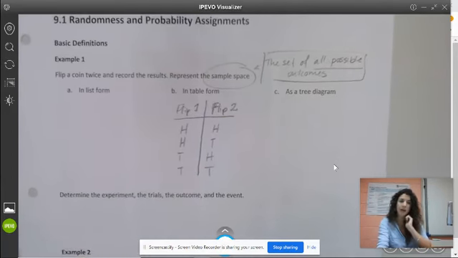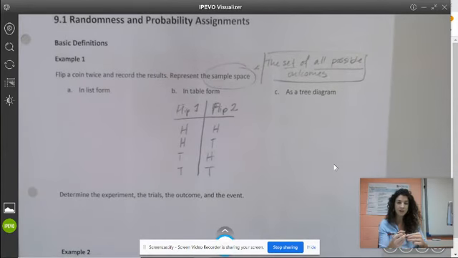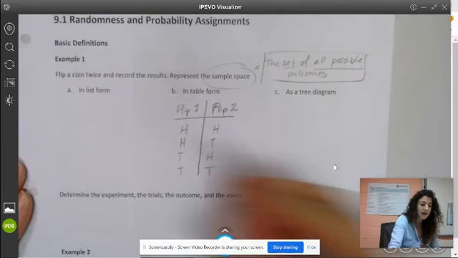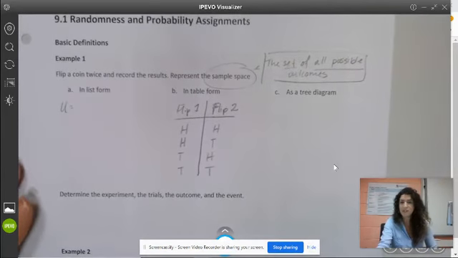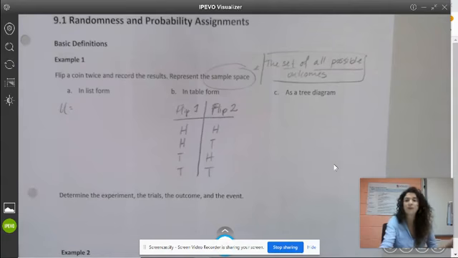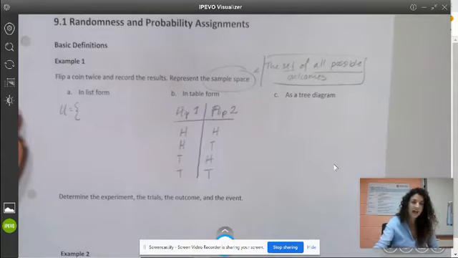Let's take this version and right now just put it in list form. So in list form for your sample space, it is a set. And in order to talk about sets, we need to use our curly brackets. A lot of times in probability, they let the sample space be equal to U. Why? I don't know, but that's what it is.